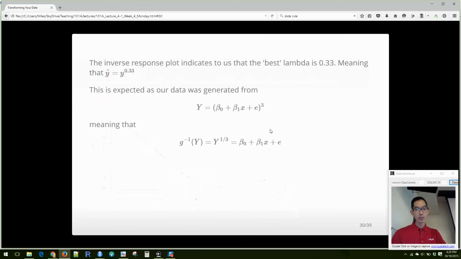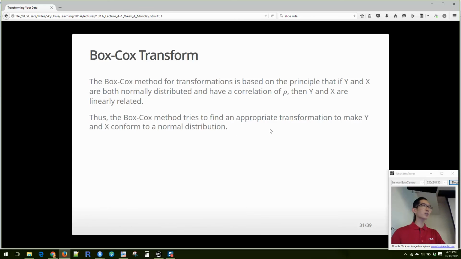Okay, there's another method called the Box-Cox transform, and we're applying the Box-Cox transform. It basically applies other power transformations to it.